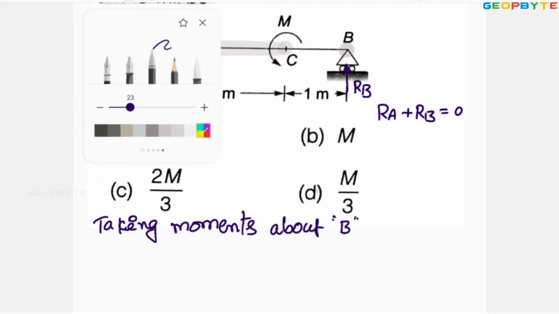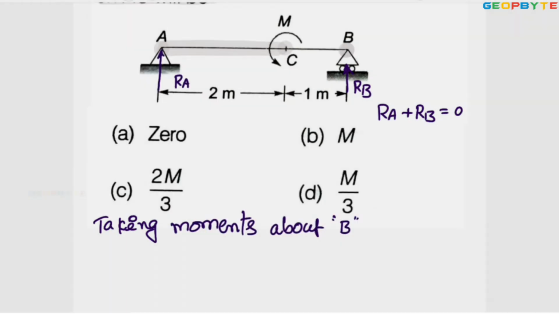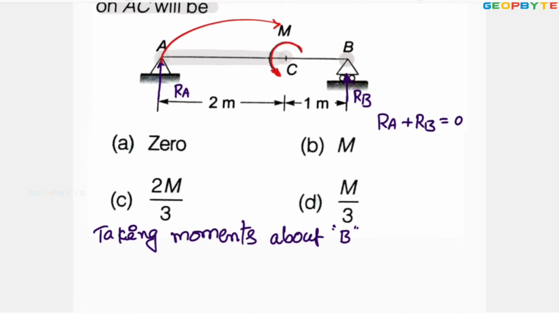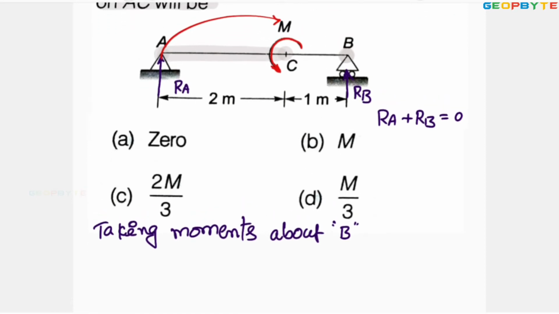With respect to B, since we are taking the moments about B, the RA is developing the clockwise moment, whereas the couple is anti-clockwise. Taking moments about B, RA into the distance up to B, the total distance 2 meters plus 1 meter, 3 meters. This is the length of the beam.